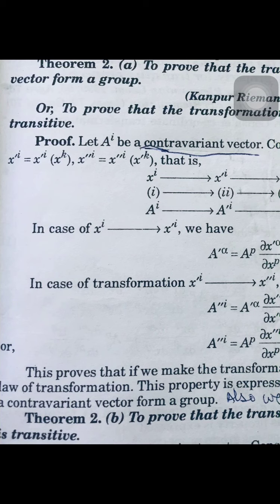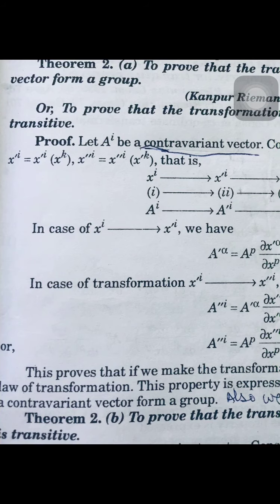Similarly, in earlier classes you also heard of the transitive property: if first is related to second, and second to third, then both imply that first is related to third, and we say it has the transitive property.